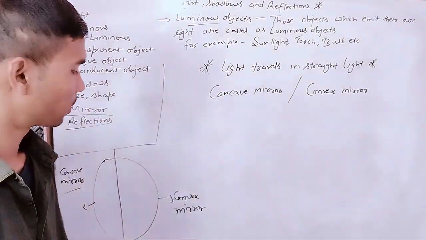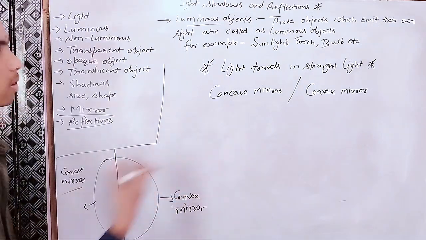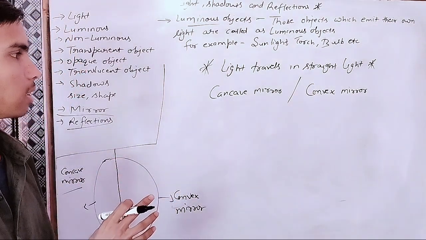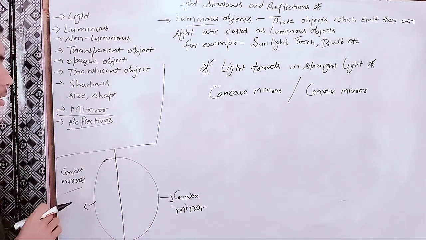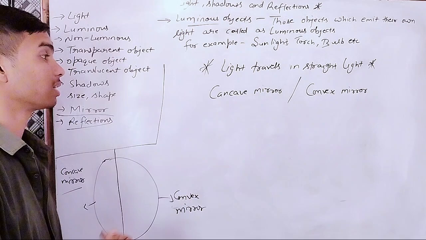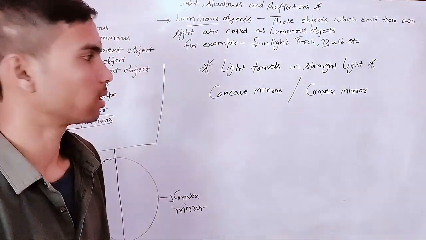Let's make it clear. You just need to understand that the concave and convex mirrors are parts of a spherical mirror, because it is in the shape of a sphere.